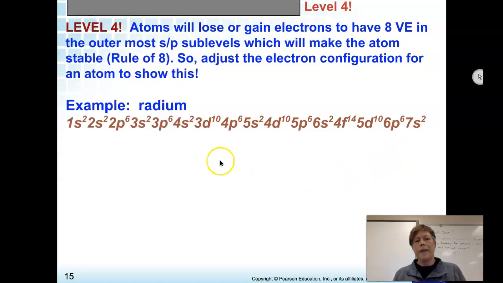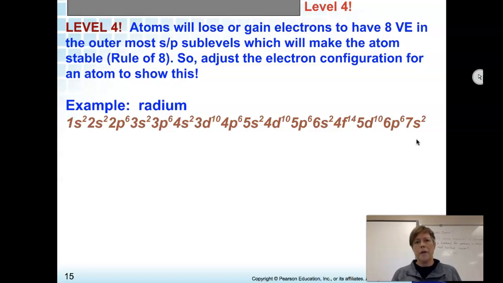Let's look at radium. Here's the electron configuration for radium. We know that the outermost energy level is 7, and radium has 2 valence electrons. Radium, however, would prefer to have 8 by losing or gaining electrons. Well, it's got 2, it wants to have 8, so that means it either has to gain 6 or it has to lose 2.